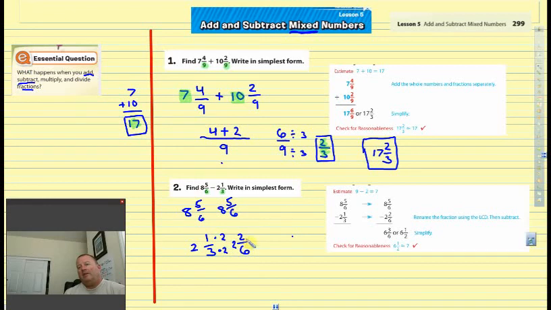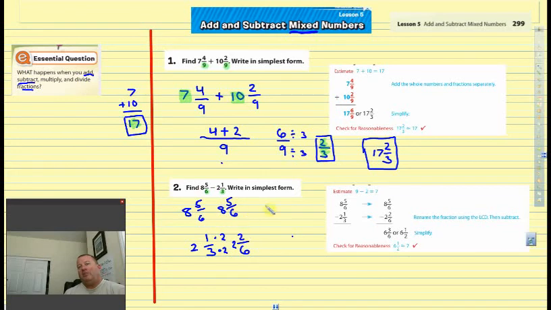I should never get into negatives here, because if you think of this as pizzas, I have lots of pizza. I have 8 whole ones and 5/6 of another one, almost a full pizza, and we're only going to eat 2 2/6. We're not going to eat all the pizza.